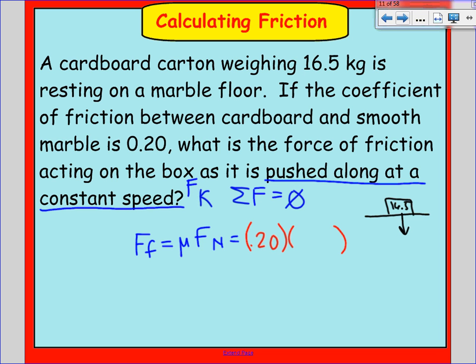Gravity is pulling the box down with 165 newtons. Since the object is in equilibrium, I know that the force normal that the floor pushes up must be equal to that. So it would be 165 newtons for the force normal. And that's what I would plug in here, 165 newtons. Times 165 times 0.2 is going to give me a force of friction of 33 newtons.